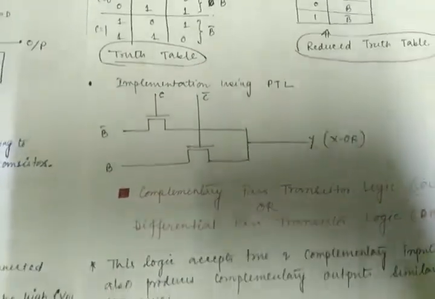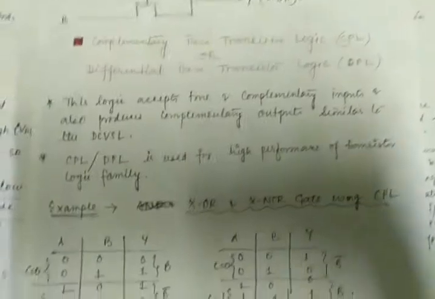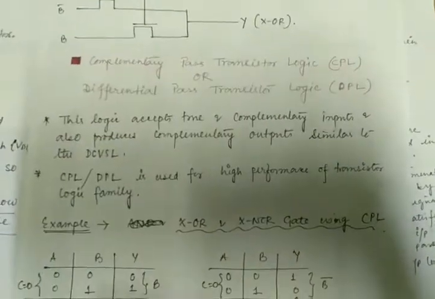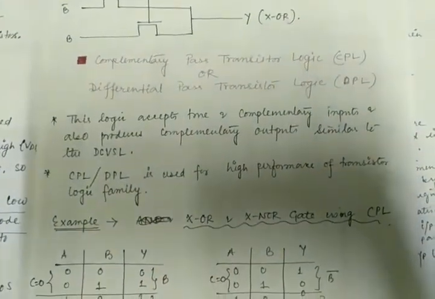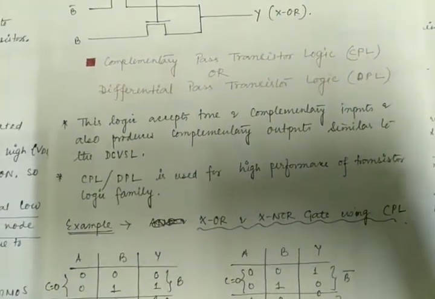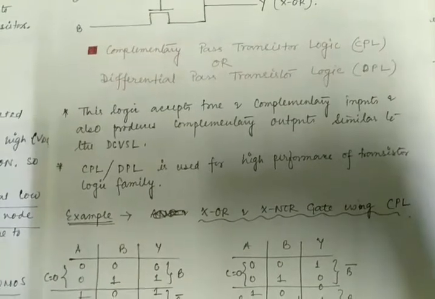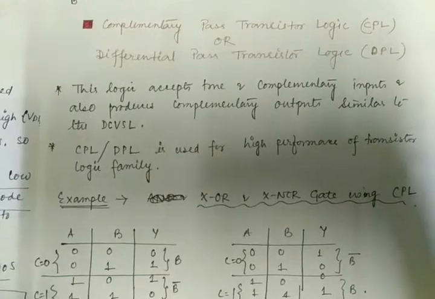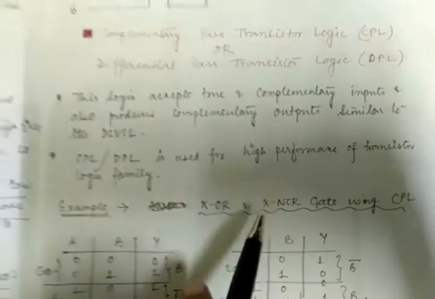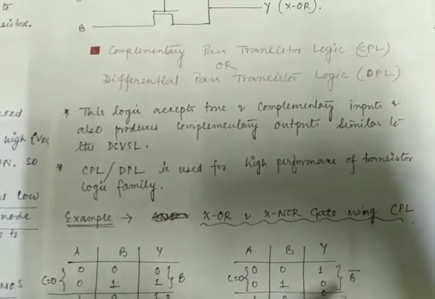And the same concept we can use in another design style, that is complementary pass transistor logic or differential pass transistor logic. It's the same logic that we use in DCVSL. That means at a time we can take the normal input and complement input, and obtain the normal output and complement output.